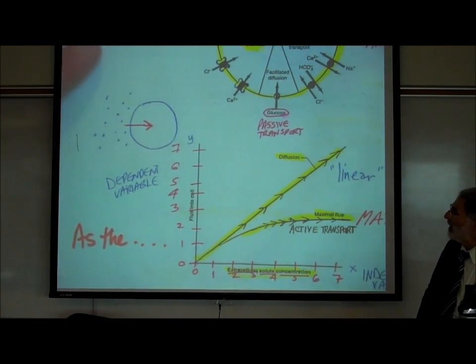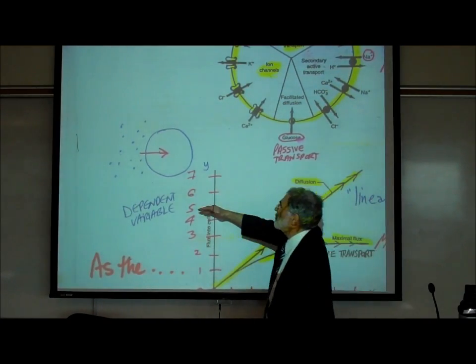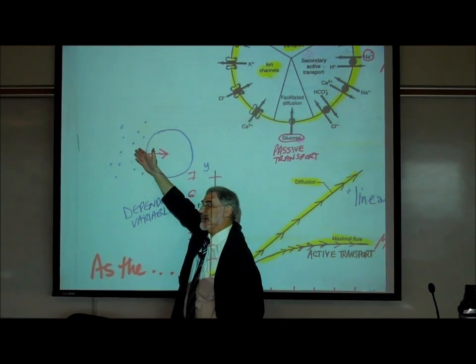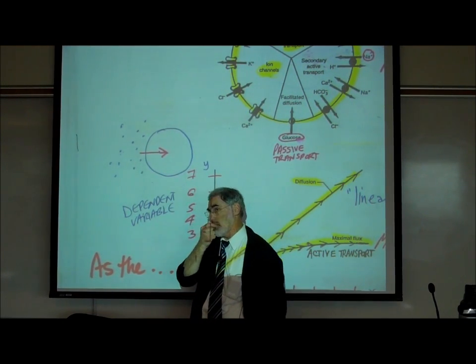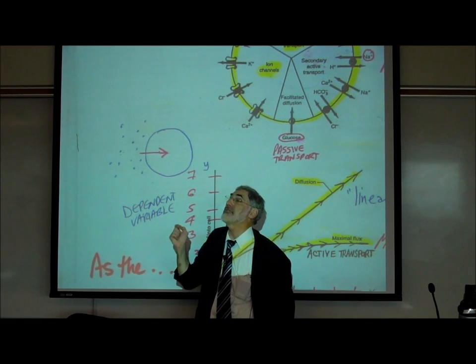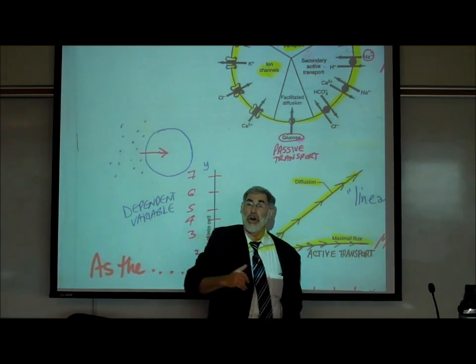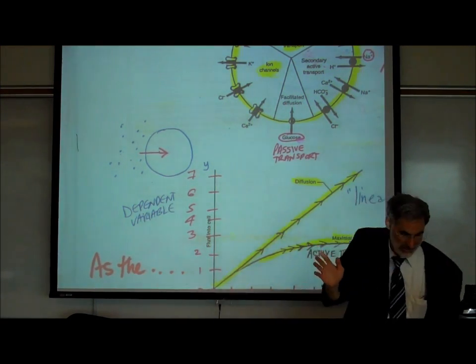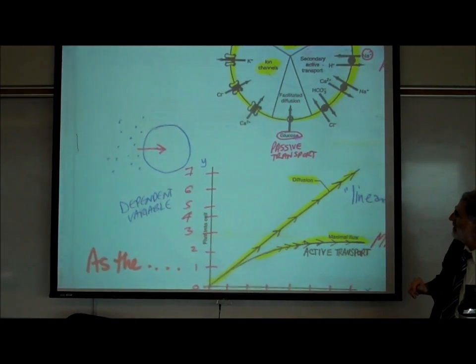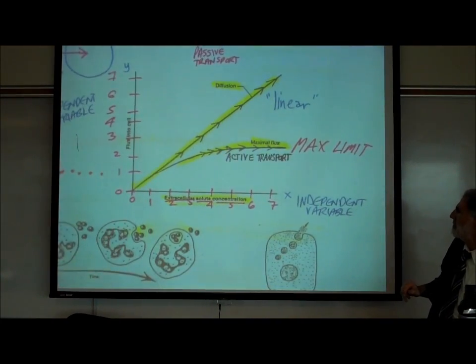Now, what if we increase the amount of a chemical on the outside of the cell, but it didn't do that? It didn't increase the flow, at least linearly. You'd say, what do you mean? What if instead we saw this happen?